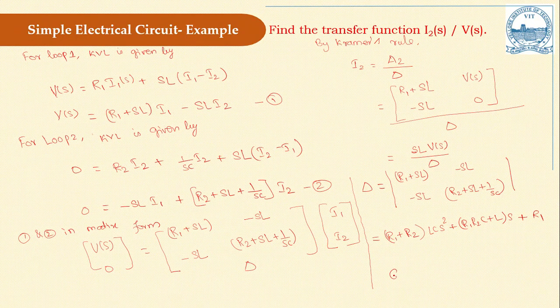My transfer function is G of S is equal to I2 of S divided by V of S, which is SL divided by delta, and the delta value is this one. So like this, we got the transfer function of the electrical circuit by using the transformed domain.